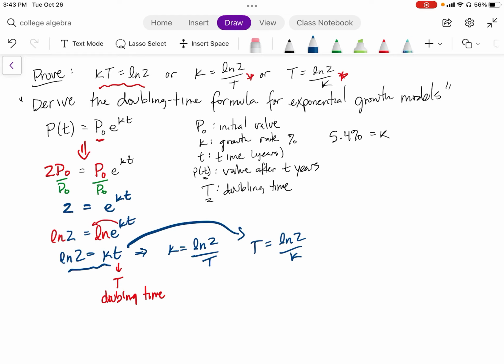As I said, we would do one example here. Suppose I knew the growth rate is 5.4%, like you made some investment. I don't care how much it is, $10 or $100,000. But if I knew I was getting a 5.4% return, and this is continuous compounding in my example, it's an exponential growth model. It has to be an exponential growth model for this formula to work.